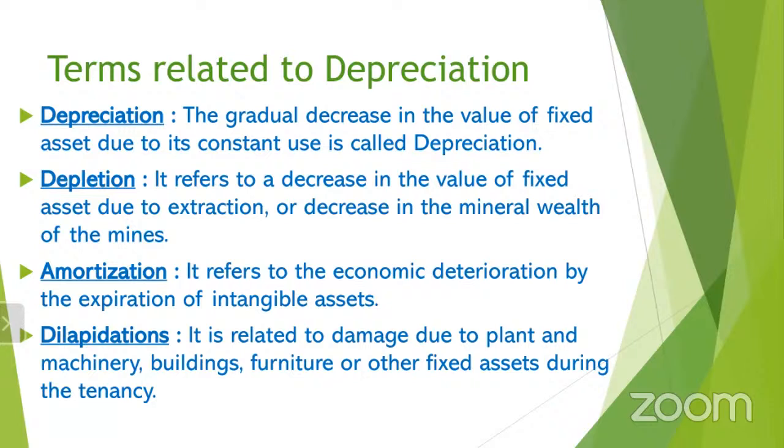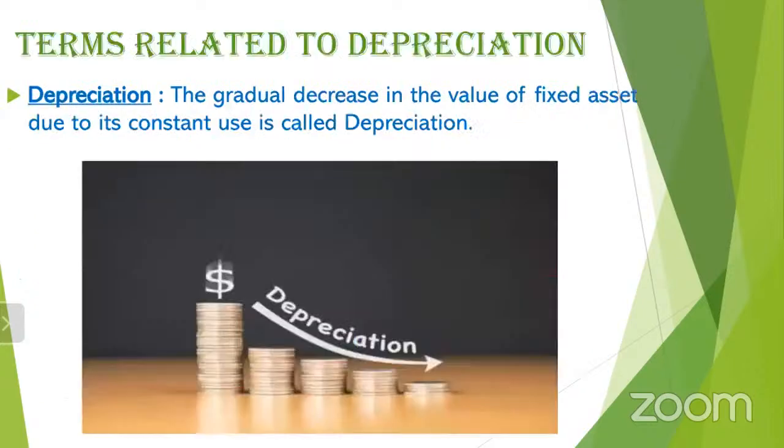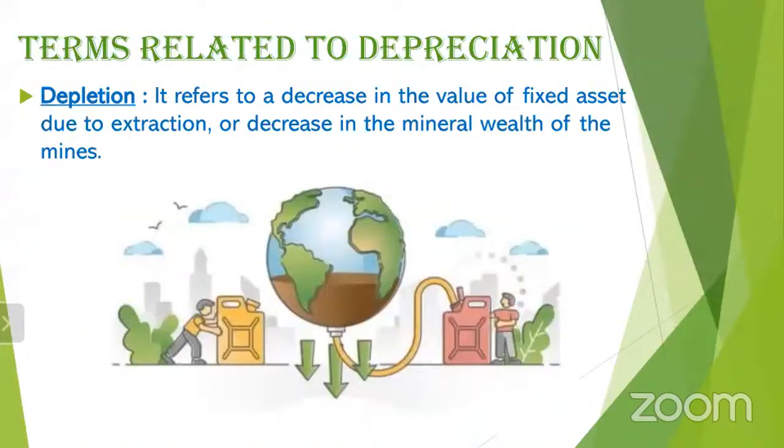For example, plant and machinery, buildings, furniture, etc. Next, depletion. It refers to a decrease in the value of a fixed asset due to extraction or decrease in the mineral wealth of the mines.